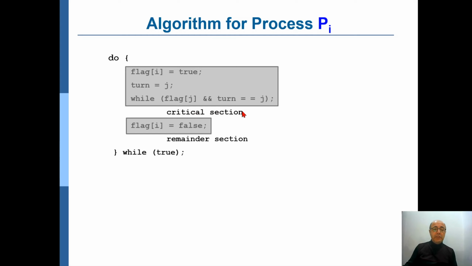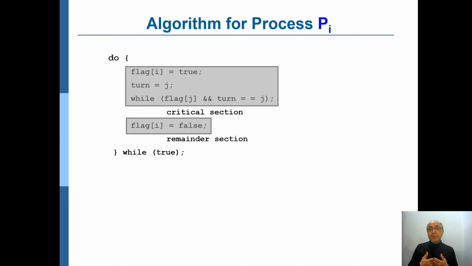Before going into the critical section, P0 sets its flag up, says I want to go into the critical section, which is correct. We're trying to enter the critical section. But before going in, it gives the turn politely to its opponent, the other process.